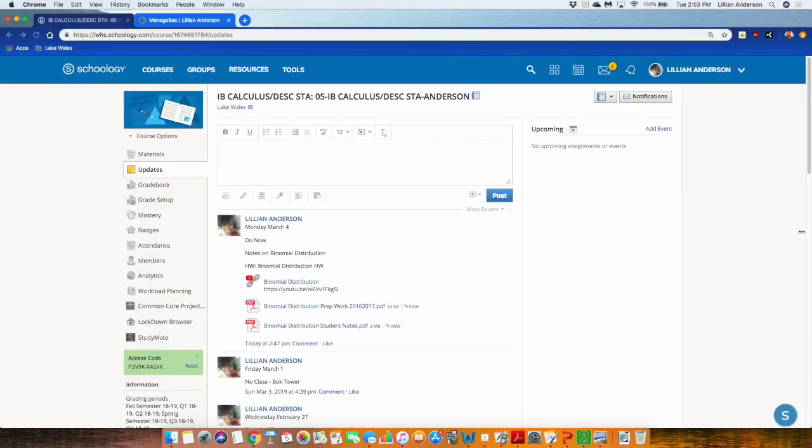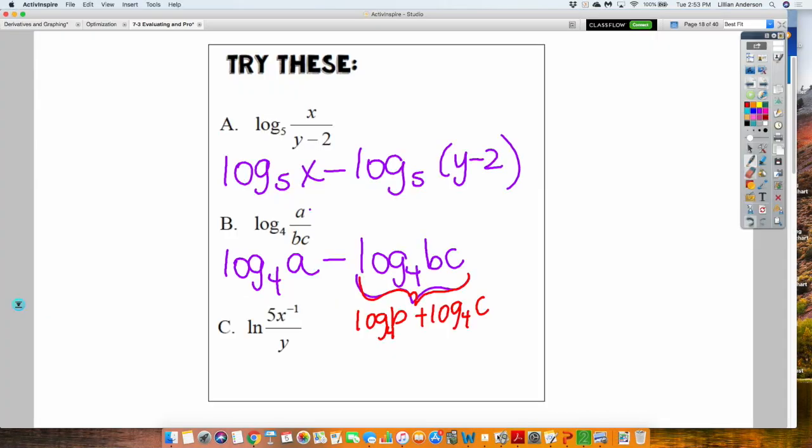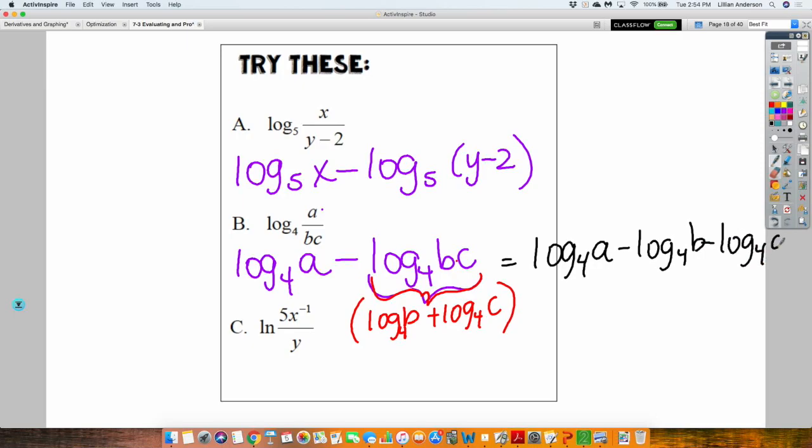So what does that mean? Well, you start by doing addition because it's multiplication right here, B times C. But because it's a minus that entire log, you're going to have to take that negative and distribute it over. Does everybody see that? So then it becomes log base 4 of A minus log base 4 of B minus log base 4 of C. And that's your final answer for that one.